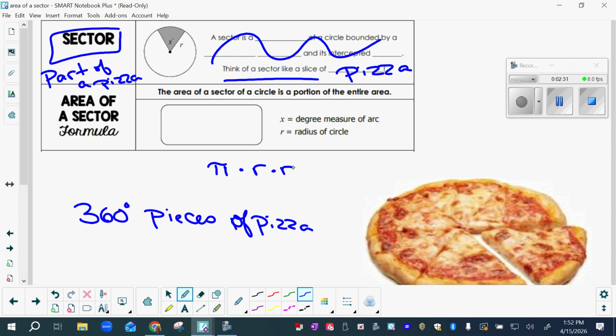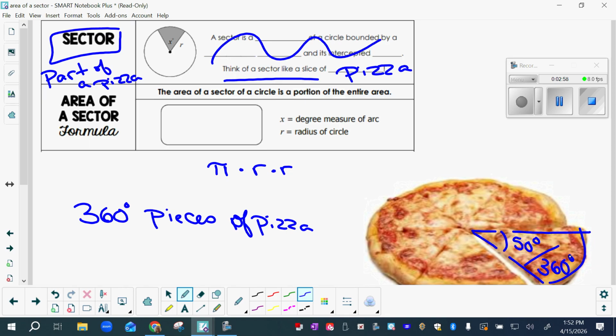But I want to know how much of that pizza. I'm not eating the whole thing. I'm eating just part of it. And the way we do that is we see how much that angle is. So let's say that is 50 degrees out of 360 total. So I ate 50 little slices out of a 360 piece pizza.